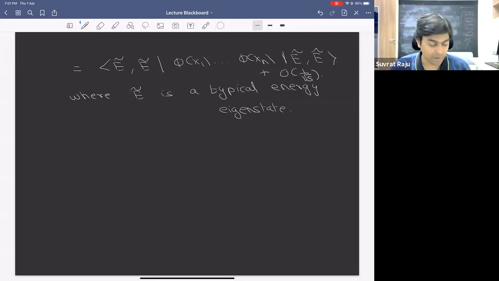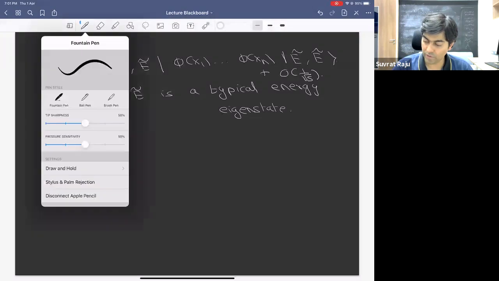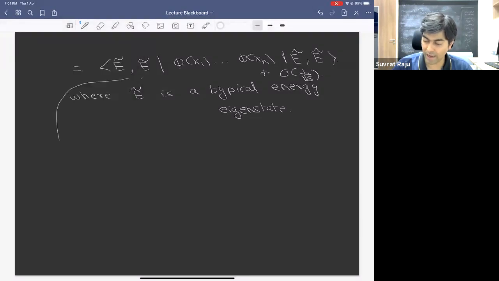And the key part about this energy eigenstate pair that you see is that it is disentangled. So this state is a disentangled state. Notice there is no more any sum over E's. We now have really just a disentangled state.